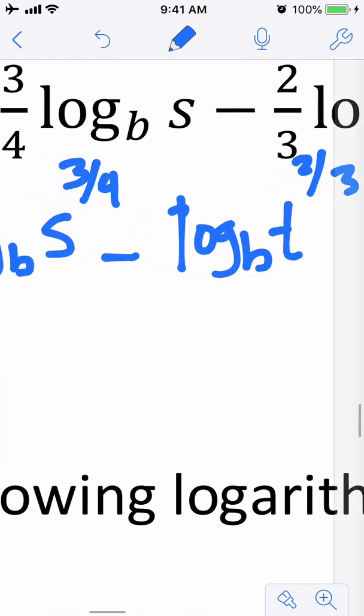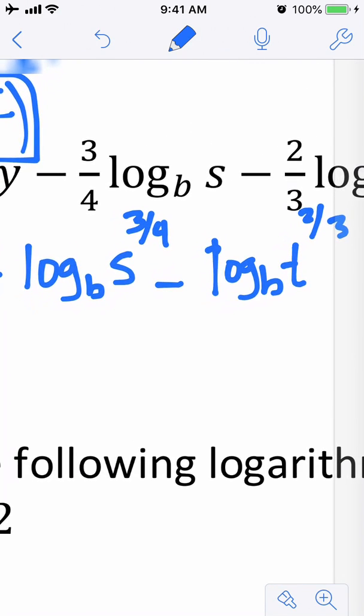Notice I'm not taking the minus part up into the exponent, right? I'm not changing that part.